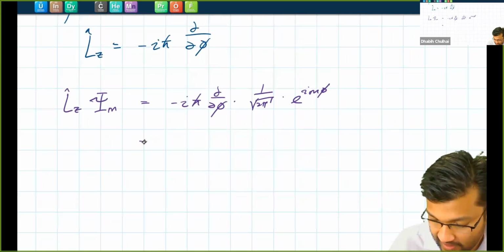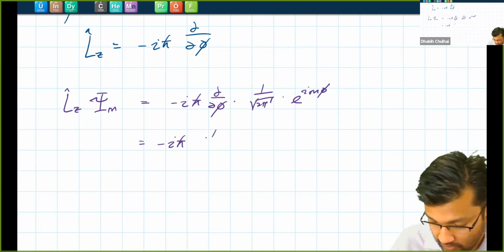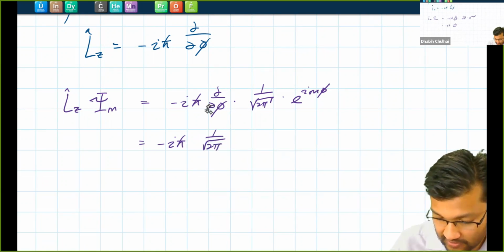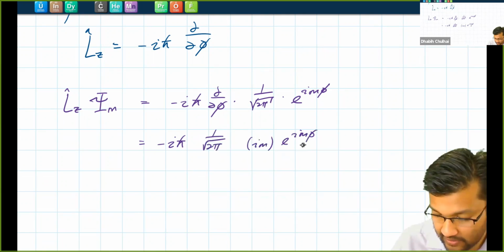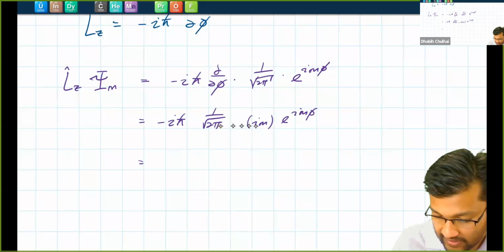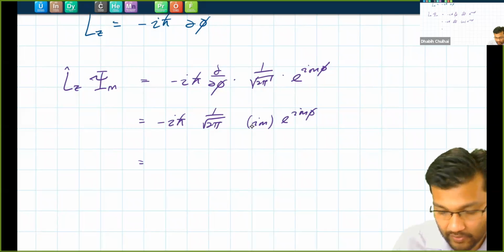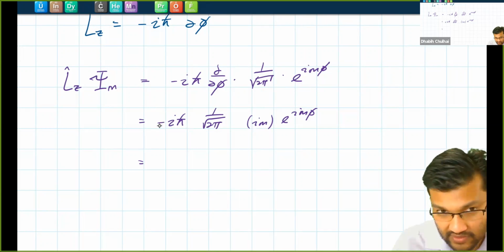Let's resolve this. It's negative i h bar. The 1 over square root of 2 pi doesn't change, it's a constant. The d d phi of this comes out to be i m e to the i m phi, as we did earlier. So this whole thing comes out to be negative i h bar times i m. The i and the i multiply to give negative 1, and that negative 1 with this negative 1 gives a positive 1.